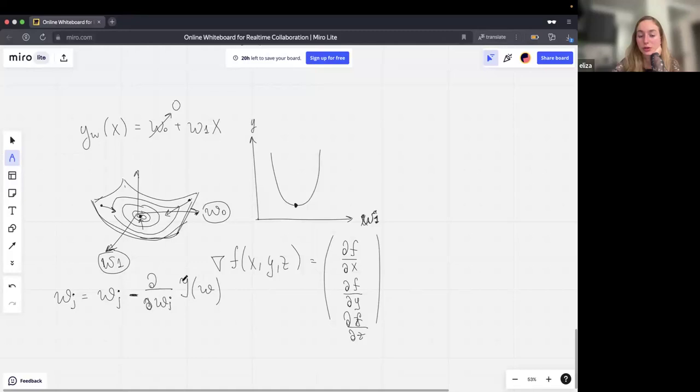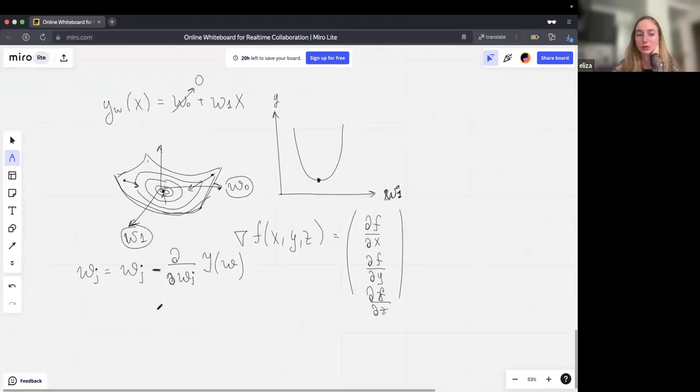Because your cost function depends on your weights, and to minimize your loss function, you change your weights, so you take the derivative with respect to your weights.